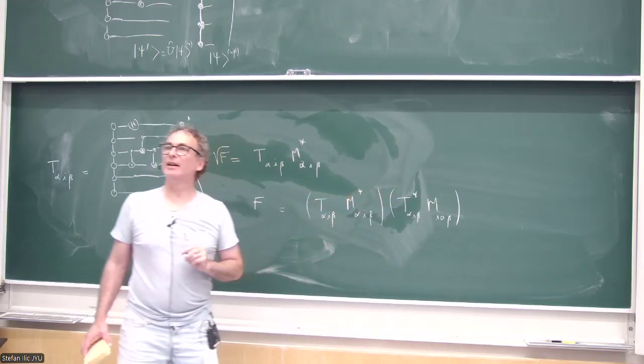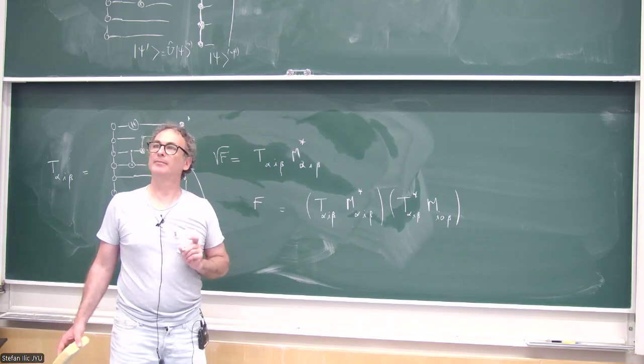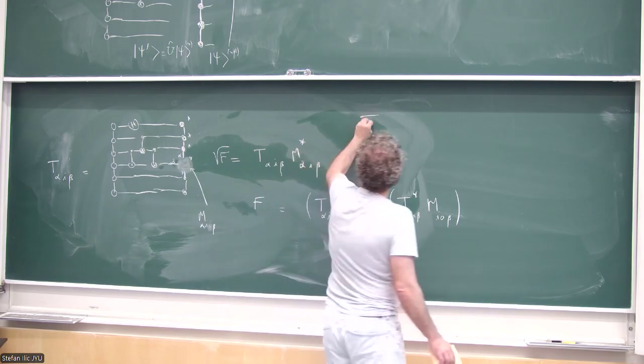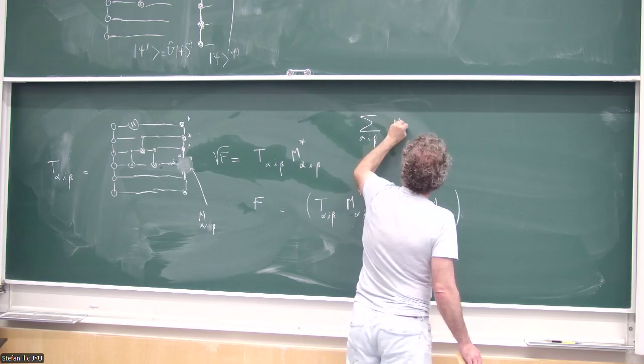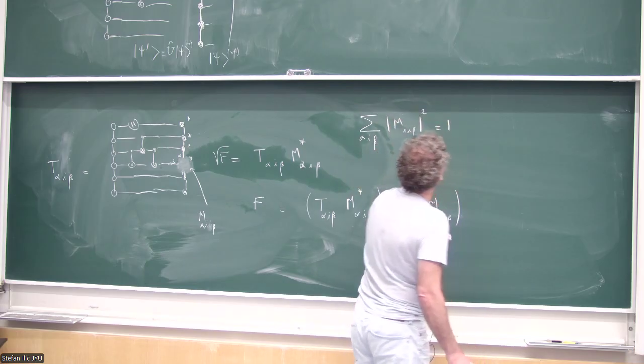But there is one small thing I need to take into account. The state needs to be normalized, right? So I need to do that with a constraint that the sum over alpha I beta of the modulus squared of M I alpha beta is equal to 1.